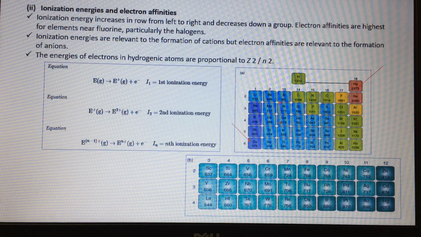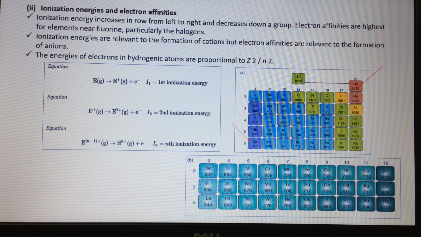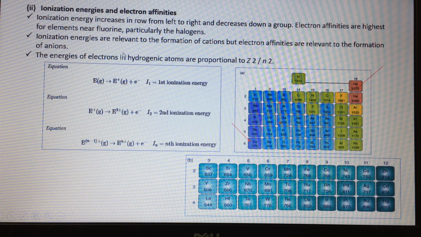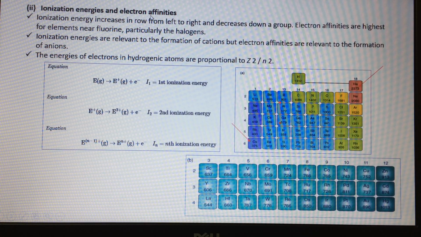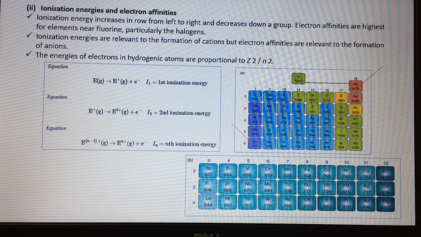So now we will discuss these properties: ionization energy and electron affinity. What is ionization energy? Ionization energy is the energy required to remove an electron from an atom, and electron affinity is the energy required to form ions.